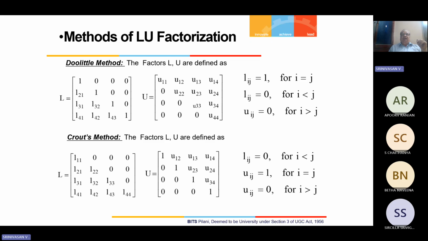In Doolittle's method, the upper triangular matrix is the usual one, but in Crout's method, U11, U22, U33, U44 equal 1 each, and the lower triangular matrix is as usual. Whereas in Doolittle's method, the upper triangular matrix is usual and the lower triangular matrix has the special condition that each of the principal diagonal entries is equal to 1.